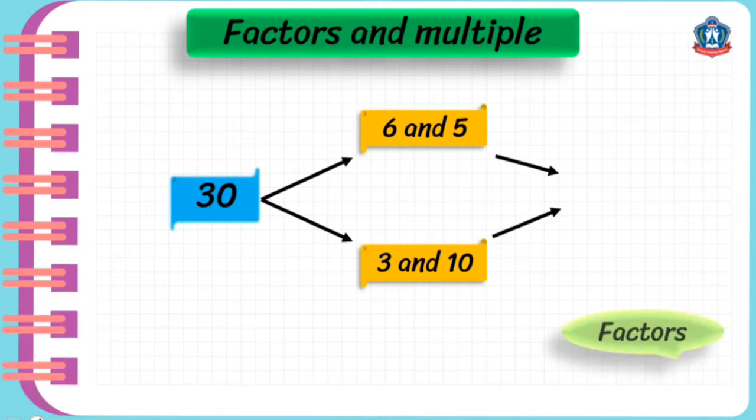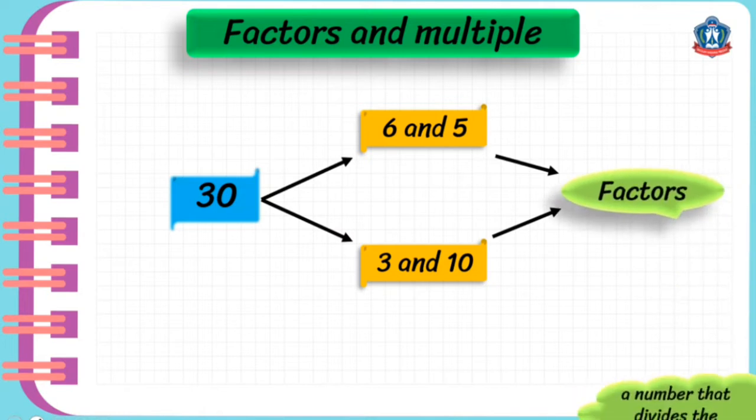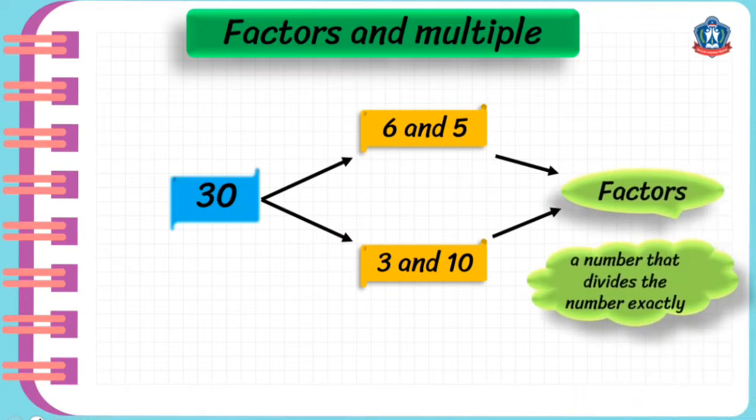Factors are numbers that, when multiplied, give you a number. Or it is also a number that divides the number exactly. For example, if you have 30 and you divide it by 6, it will give you 5. If you divide 30 by 3, it will give you 10.